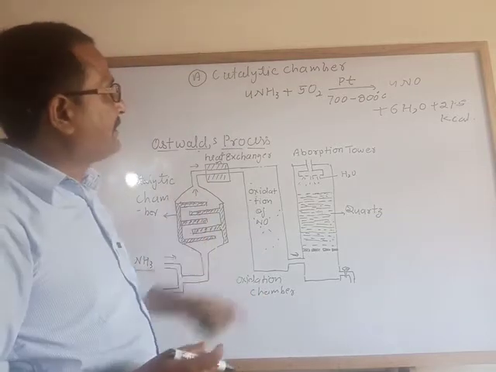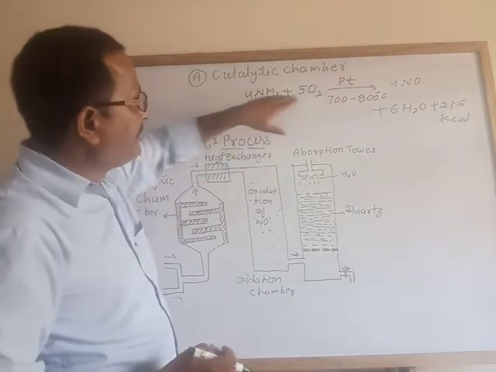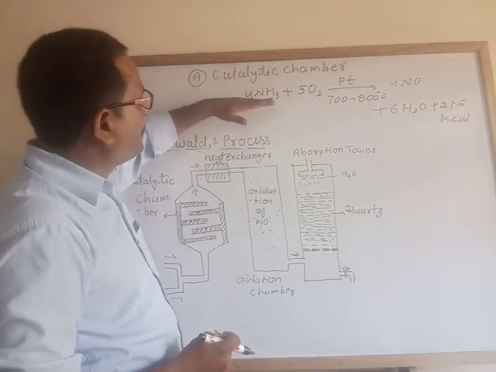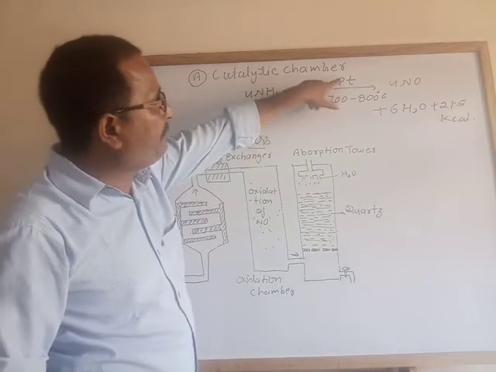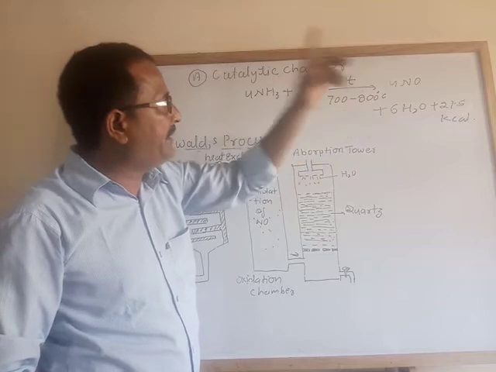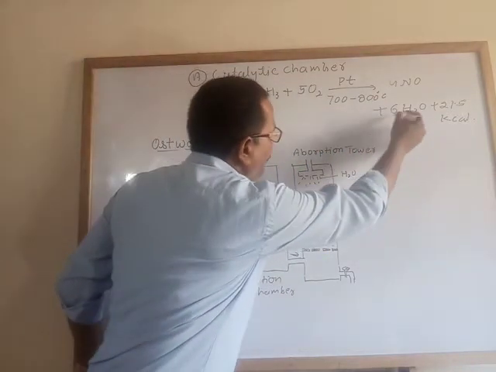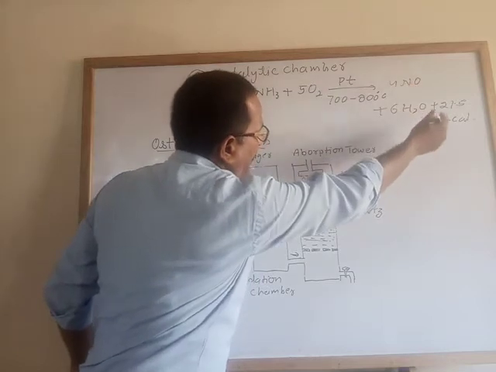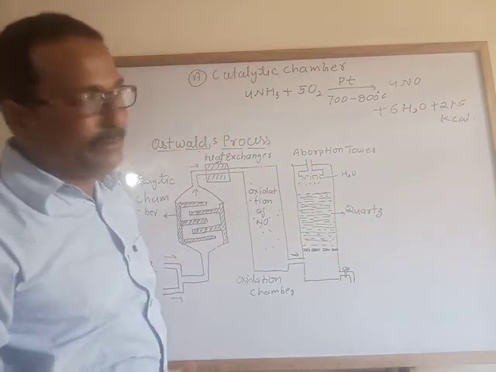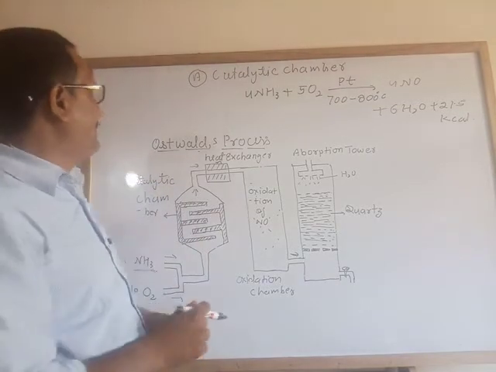So we prepare nitric oxide or nitrogen monoxide with the help of ammonia in the presence of platinum gauze at 700 to 800 degrees Celsius. It forms nitric oxide, water vapor, and 21.5 kilocalories of heat energy, a highly exothermic reaction.